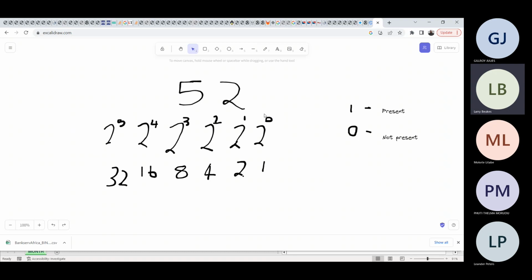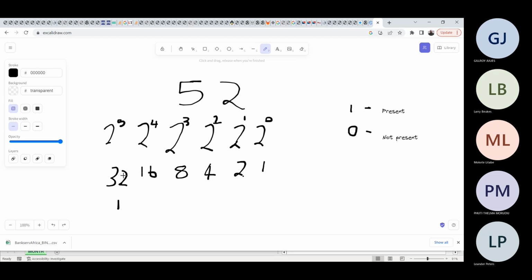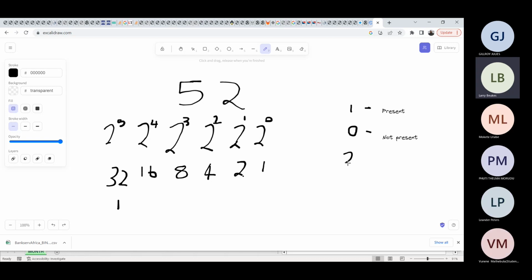Now we don't want to use 64, we're going to use 32. So this bit is present. On the side, we say 52 minus 32, which is 20. Now 20 is bigger than 16.